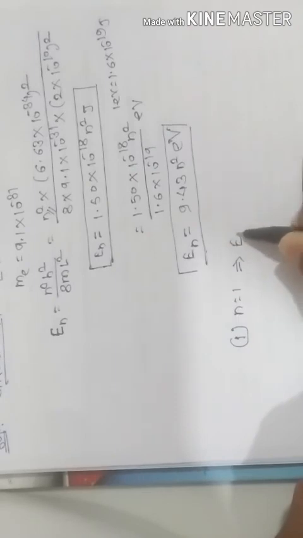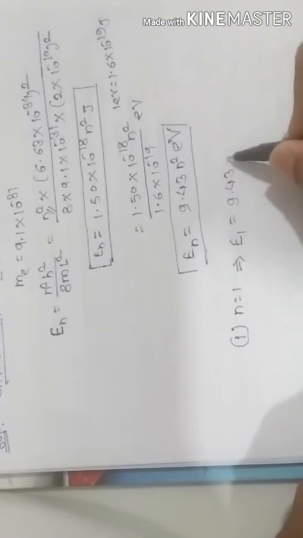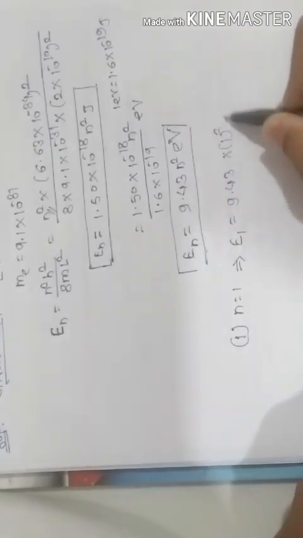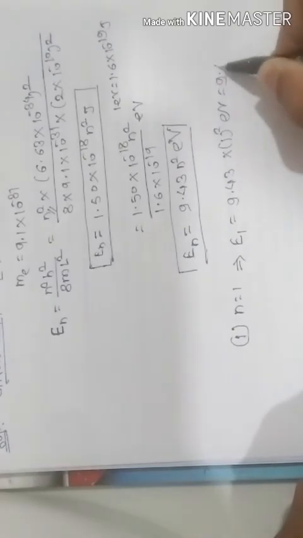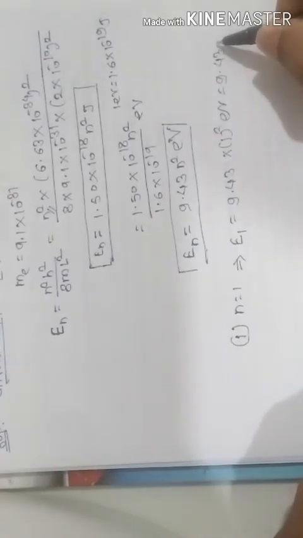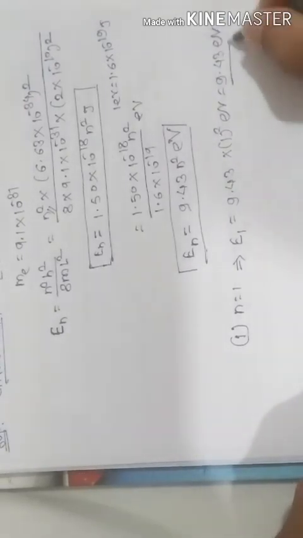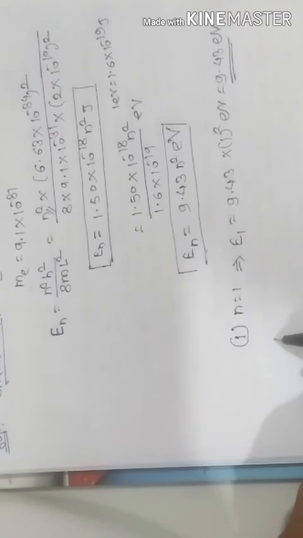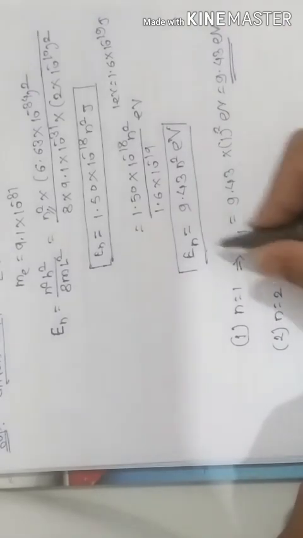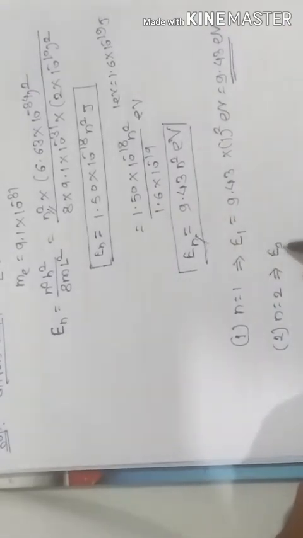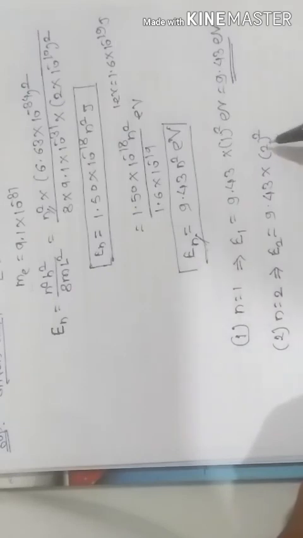Then this equation becomes E1 equals 9.43 into 1 squared electron volt, simply 9.43 electron volt for n equal to 1. Second case, for n equal to 2, E2 equals 9.43 times the principal quantum number 2 squared.